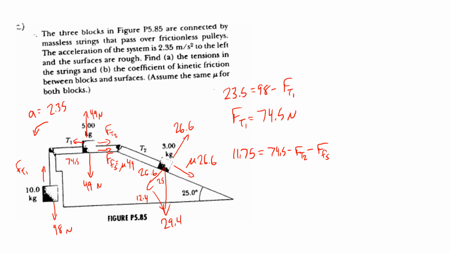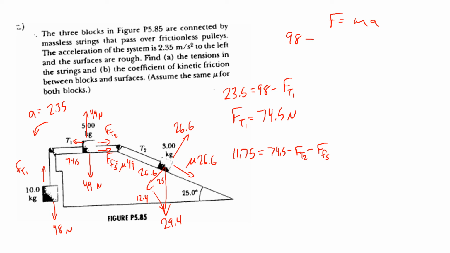Okay, so now what we're going to do is we're going to add up all the forces going to the left, take away all the forces going to the right. Right? Because F is equal to ma. Have you heard of this formula before? So going to the left, we have a 98. Not going to worry about the tensions because those just cancel each other out.